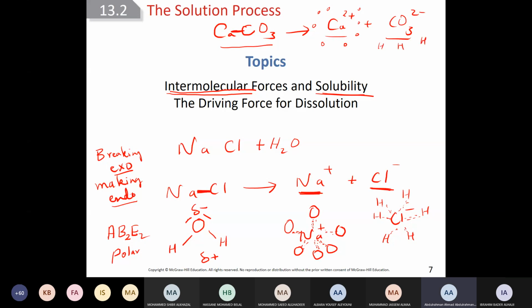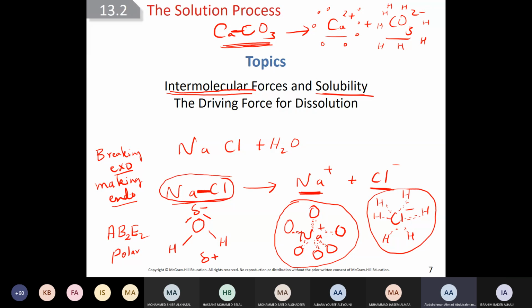Again, let me ask you one more time. Why does NaCl dissolve in water and CaCO3 does not dissolve in water? Because the intermolecular force in CaCO3 is higher than NaCl. Exactly. Because the total forces, this one and this one, is greater than this force which is between NaCl.